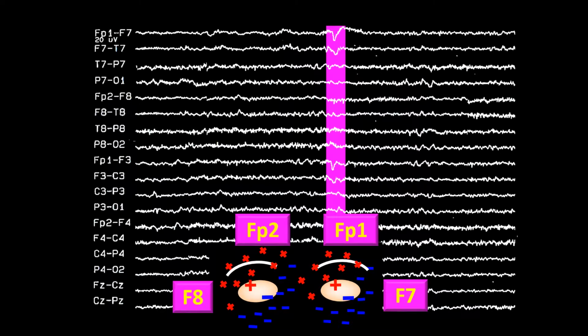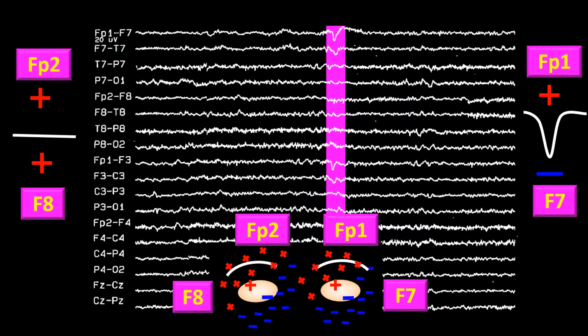Now I have introduced the polarity generated by such movement. On the side, I have placed the polarity at each derivation, and as you can see, in the FP1 it is positive, and in the FP2 is also positive, but the F7 is negative and the F8 is positive.